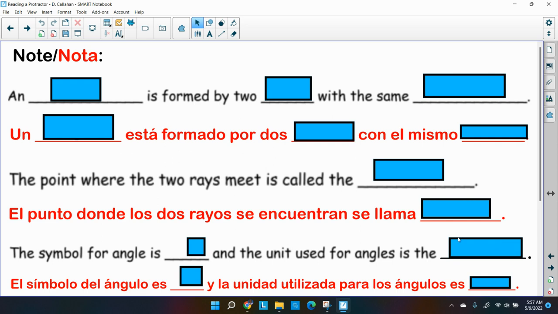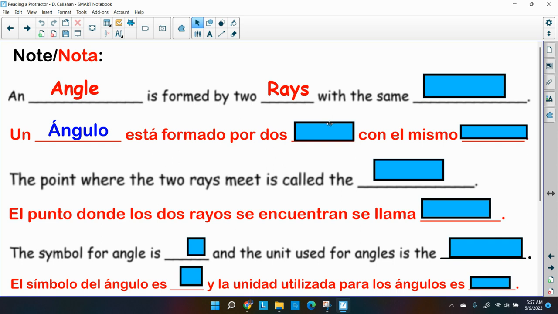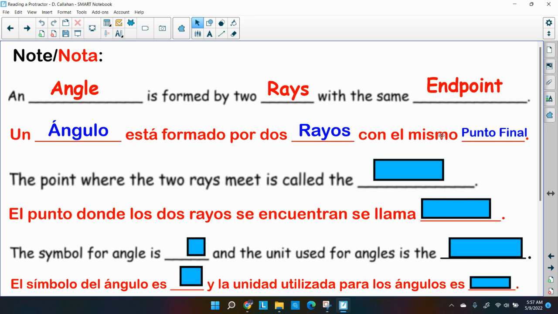Oh boy, here we got a lot of notes. So let's see. An angle is formed by, angulo, is formed by two rays, rayos, with the same endpoint. So that's important to know. An angle is formed by two rays with the same point.